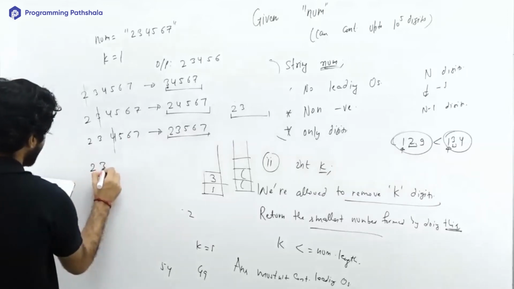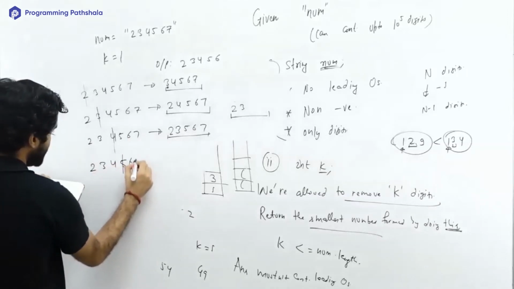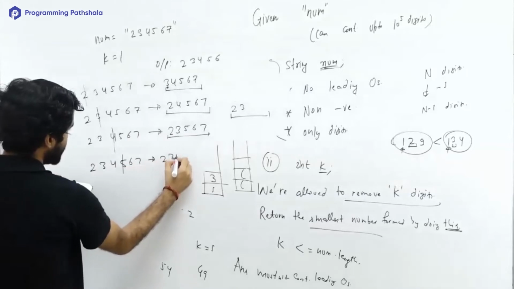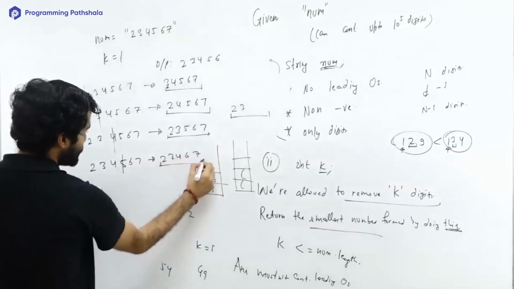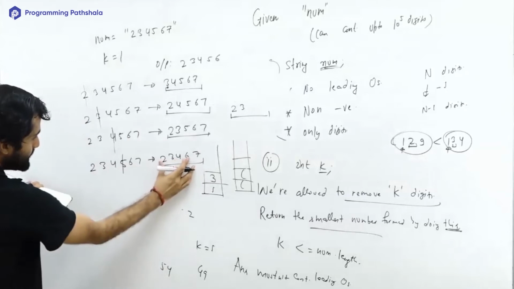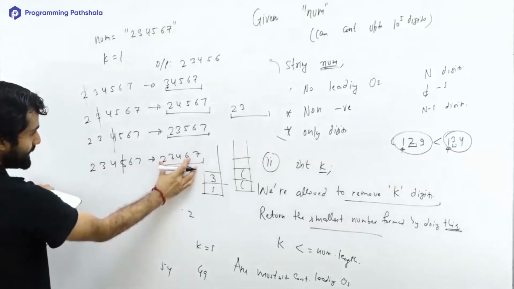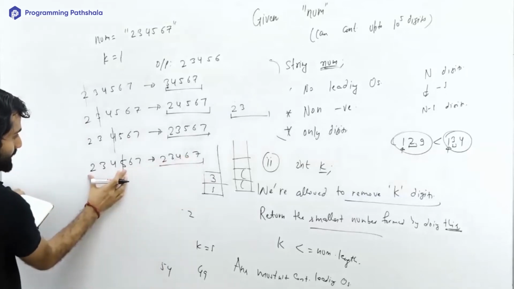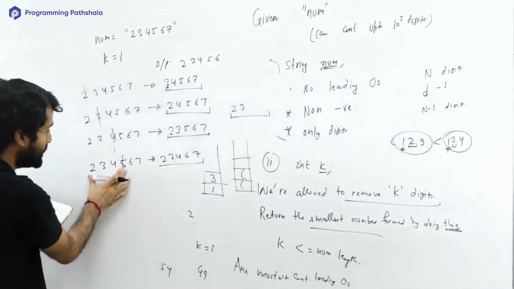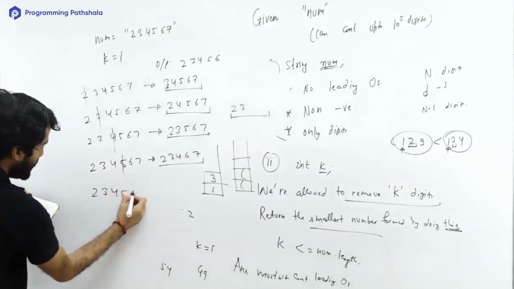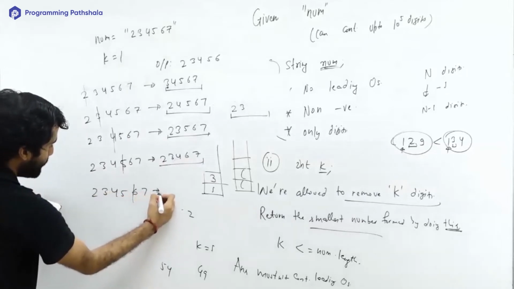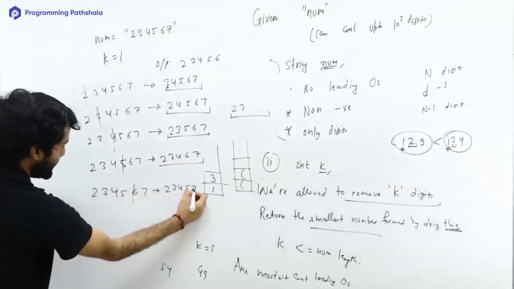So this way, you can just go ahead. You can say that if you would have removed 5, you would have gotten 2, 3, 4, 6, 7. And again, this would not have been the right choice because this starts with 2, 3, 4, 6, and something that starts with 2, 3, 4, 6 would be greater than something that would have started with 2, 3, 4, 5. And similarly, if you would have removed 6, you would have got 2, 3, 4, 5, 7.